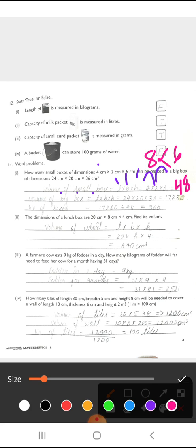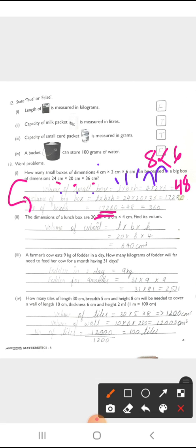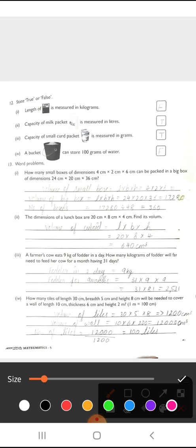Similarly, we will find the volume of the bigger box. It is 24 multiplied by 20 multiplied by 36. When we will multiply all these three numbers, what we will get? We will get 17,280. Okay. Now we have to find the number of small boxes that can fit inside the big boxes.